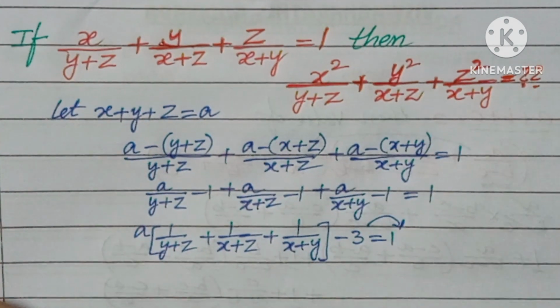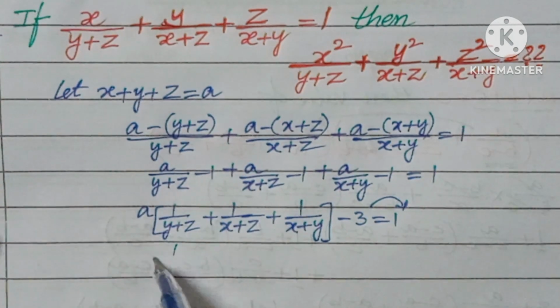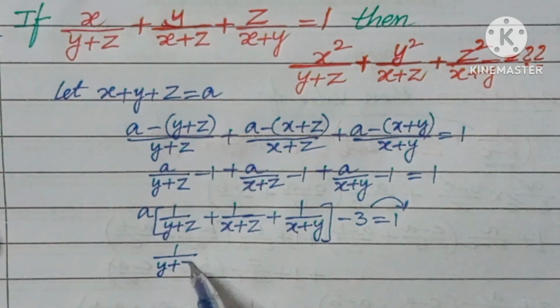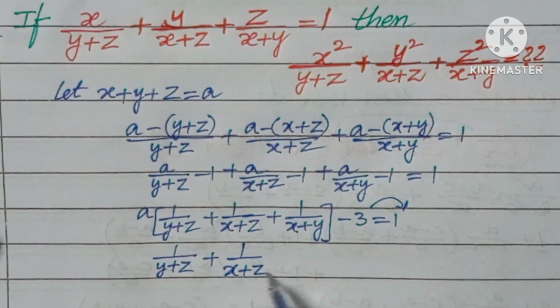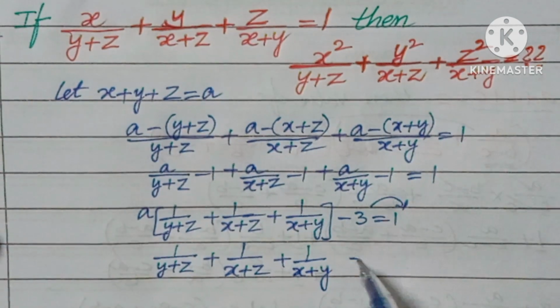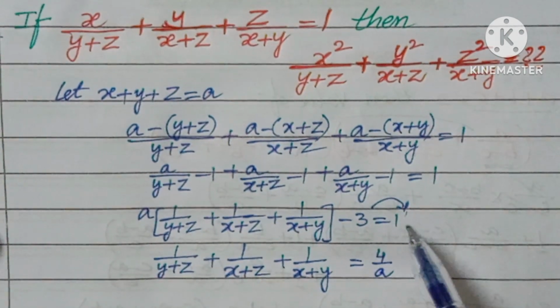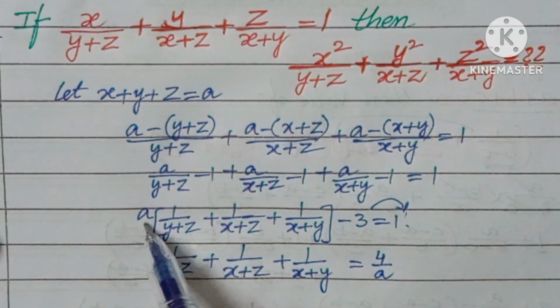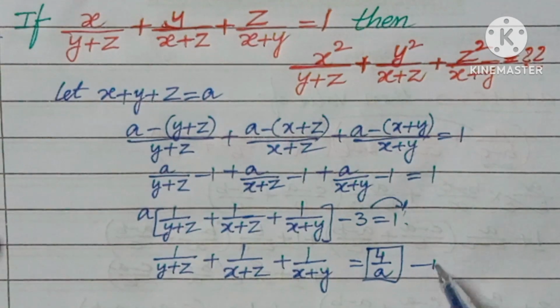Sending that to the other side, 1 by y plus z, plus 1 by x plus z, plus 1 by x plus y is equal to 4 by a. Let it be equation 1.